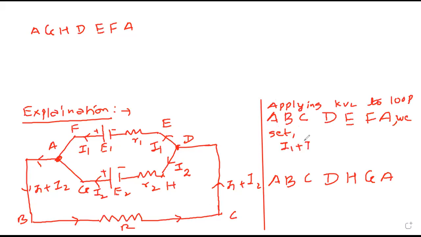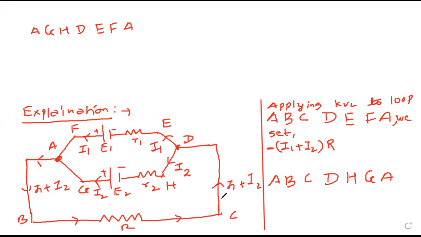Yes, current is I1 plus I2 and resistance is R, so there is drop. We are moving in the direction of current, so negative.